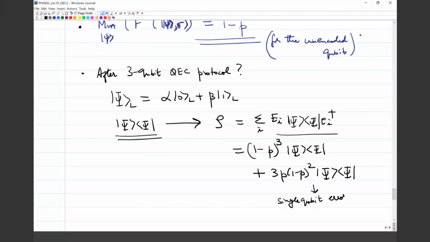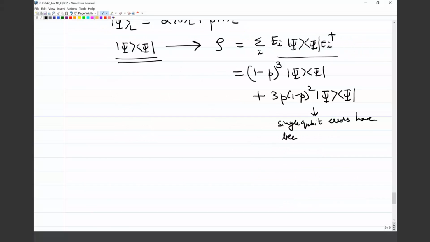So the single qubit errors have all been corrected perfectly, and the density matrix corresponding to that errored state has been mapped back to this pure state. But of course, the rest of it is a density matrix because you still have the 2 qubit error terms and the 3 qubit error term.